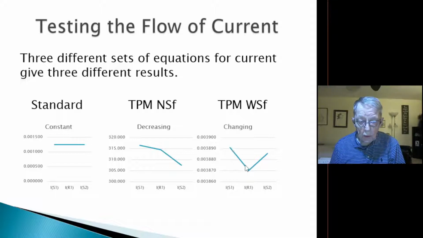It goes way down for the speed through the R1 causes it to go down. Because it passes on more to the S1, it goes back up again. So these are the expected results predicted by 3 different sets of equations. And the question is, what do the measurements say?